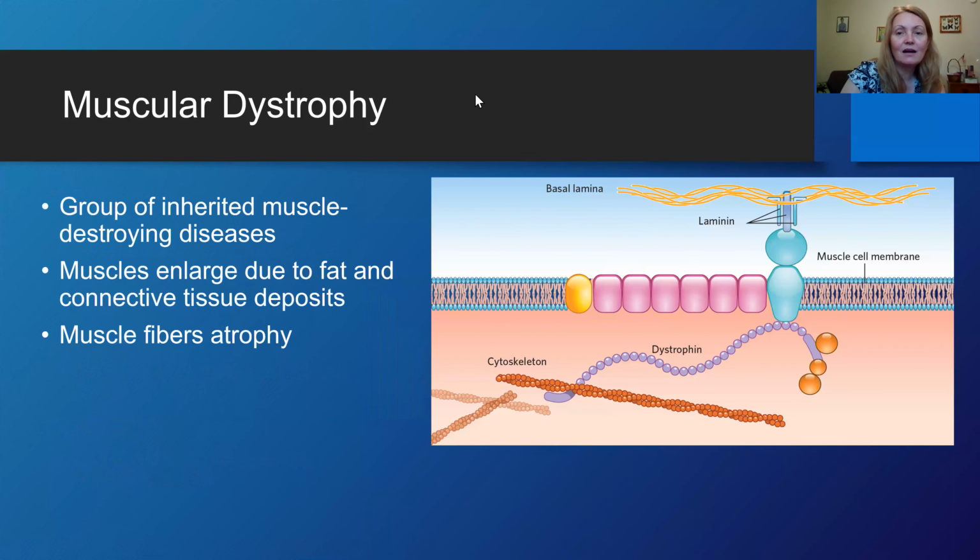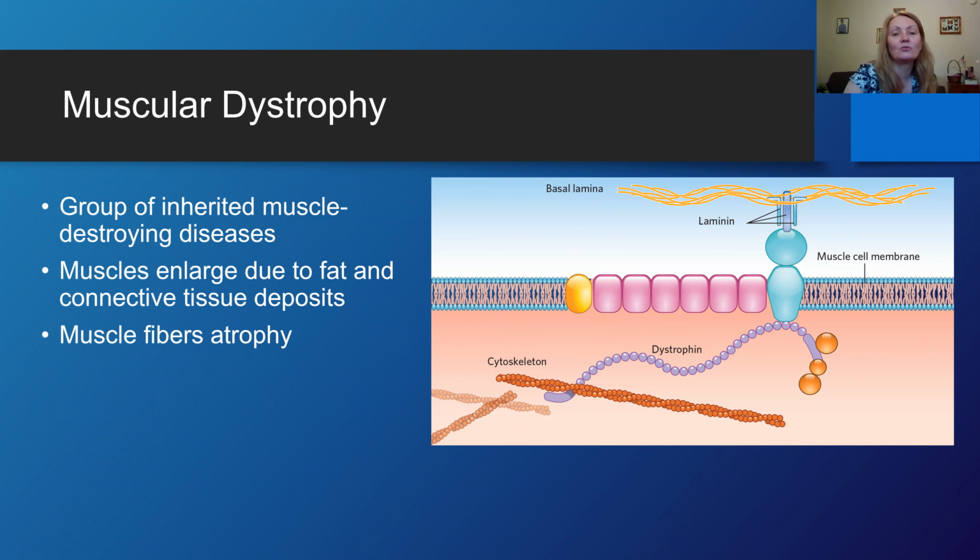Now, a couple of diseases over here, actually just one disease we're going to look at, muscular dystrophy. It's a group of inherited muscle-destroying diseases, and muscles go through atrophy at the end. But first they get enlarged, and muscles even look like they're getting bigger, right?